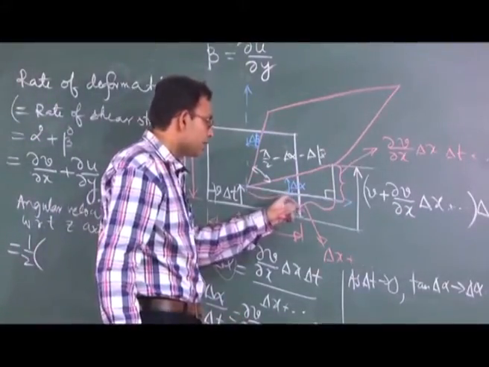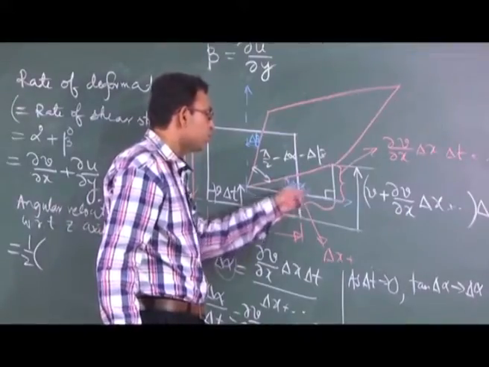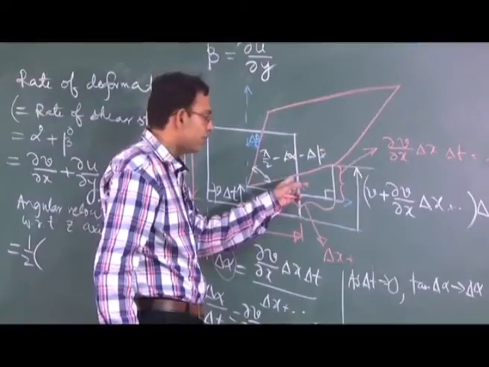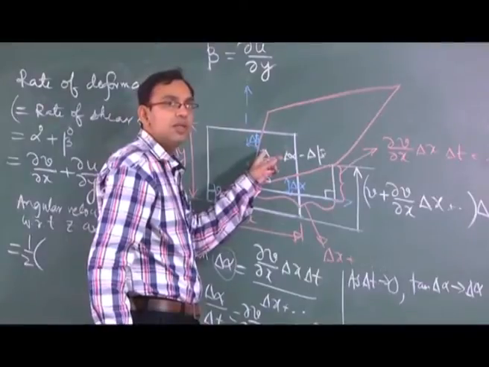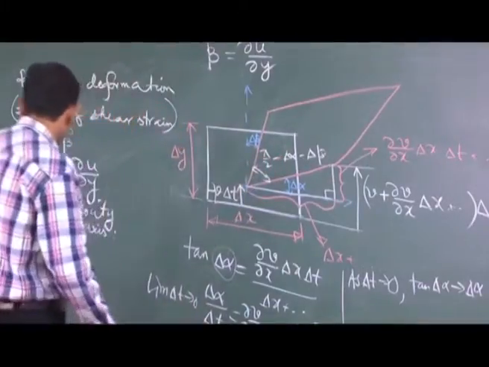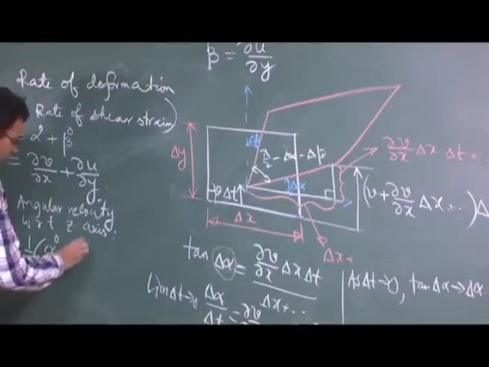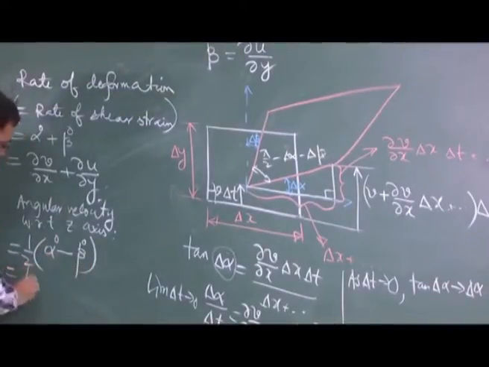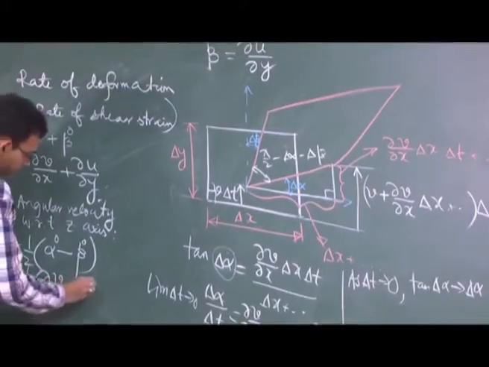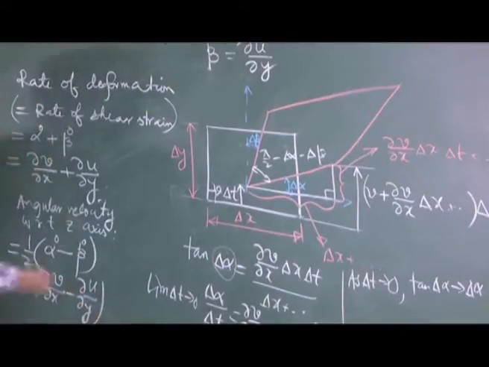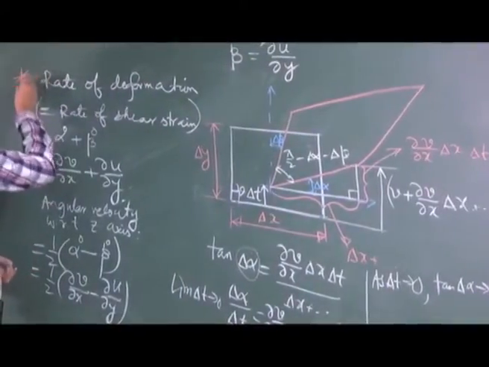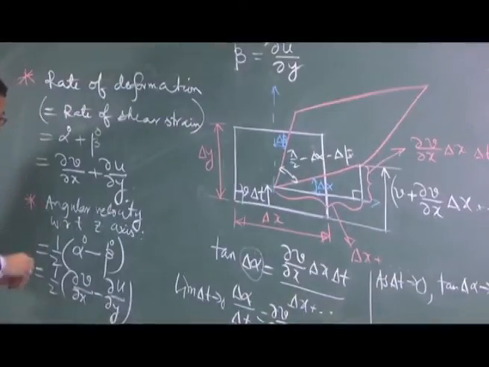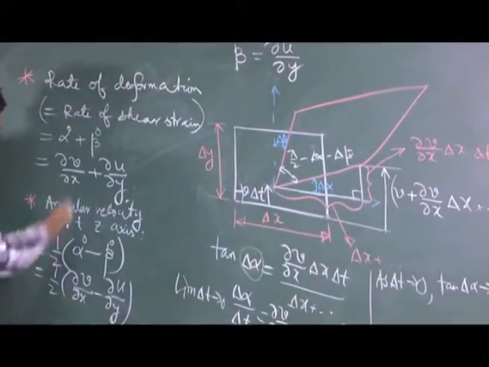So, this line element according to the schematic is shown to move in the anti-clockwise direction, so it is positive, and this line element is shown to move in the clockwise direction, so that is negative. So, this is half of alpha dot minus beta dot. So, we have introduced two important definitions, one is rate of deformation, another is angular velocity with respect to a particular axis.